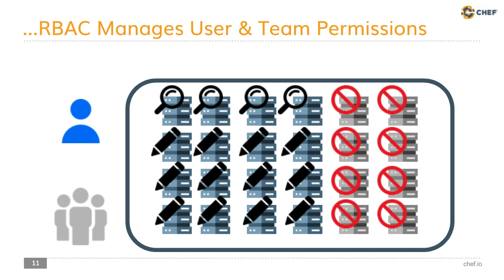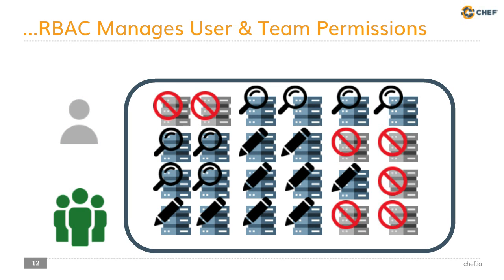So if individual users or groups of users in teams need to have customizable access to subsets of my estate, I have the ability to apply that in a very easy-to-use fashion to make sure every user has exactly the permissions they need to do their job without having more than they need. You'll see here it's going to be a combination of whether or not I can see machines at all and whether I have read or write access to the machines I do see.